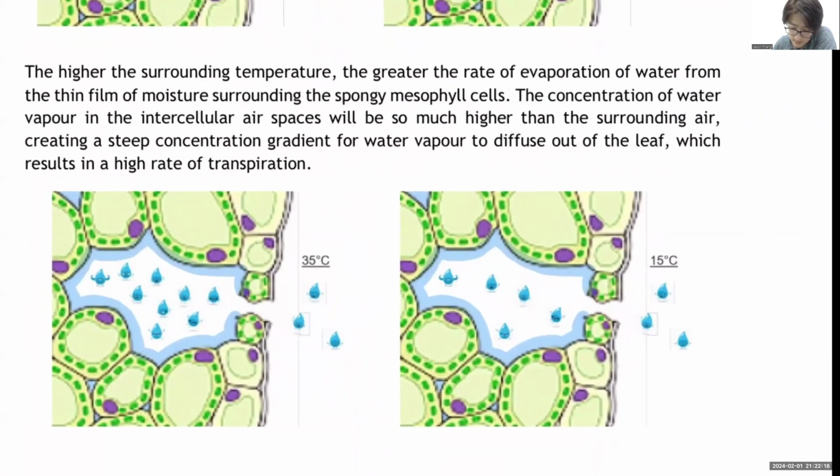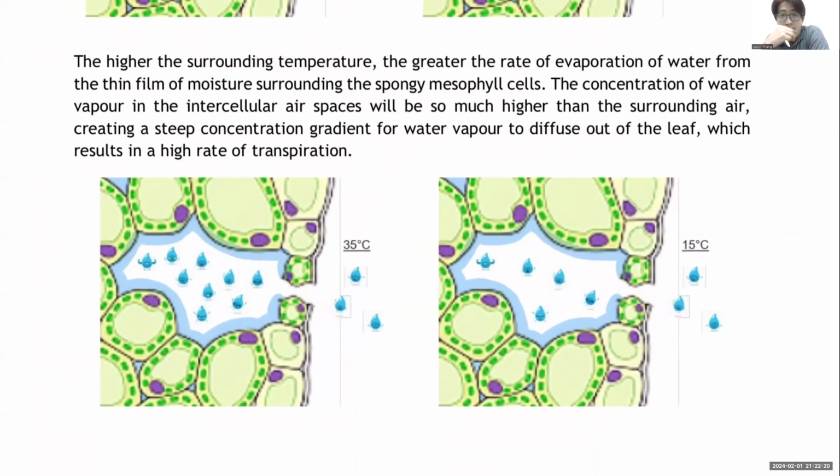Next one here, we have temperature. This one is for evaporation. That's why you see I put 3 water droplets the same. So it's nothing to do with the amount of water vapor anymore, because temperature is about evaporation directly.